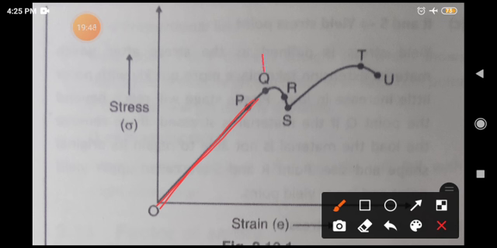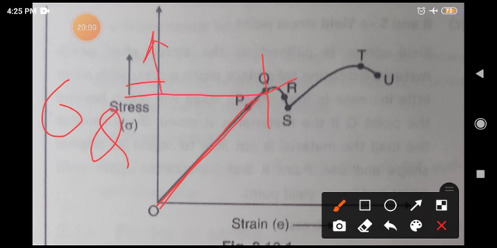But if you increase the stress beyond this stress at Q, the body will not regain its original shape and size. It will have some permanent deformation. You will study these things furthermore.